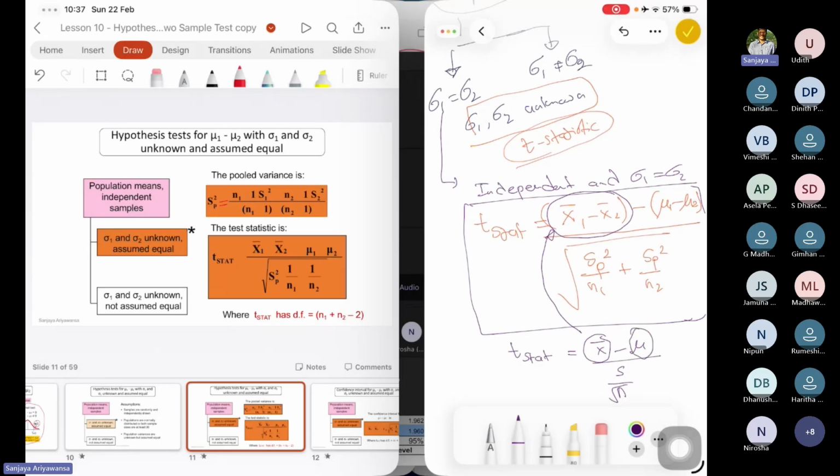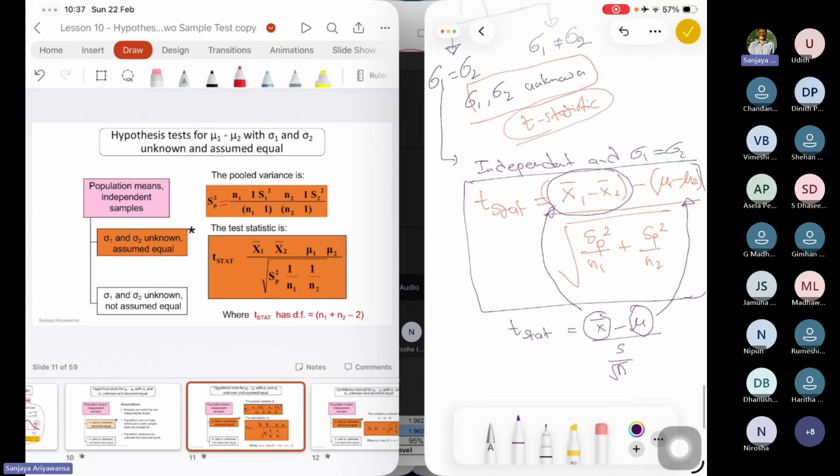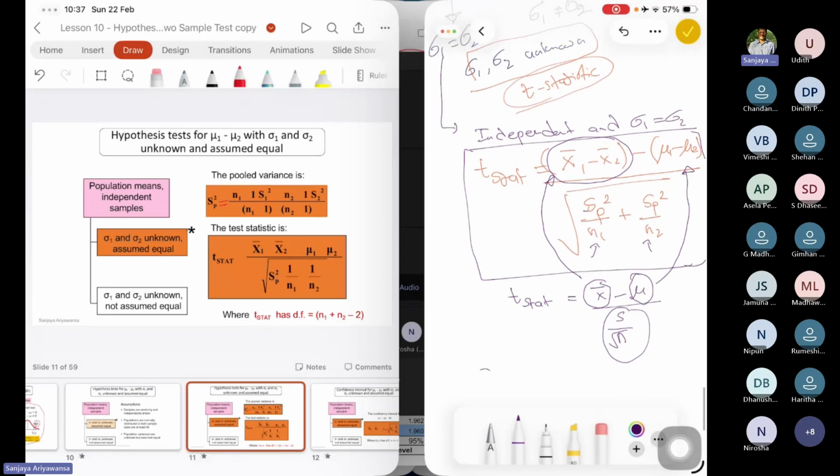Similarly, you have mu1 minus mu2. This part is a little different. Here we have sp squared divided by n1, because you have two samples, one with sample size n1 and the second with sample size n2. The only difference now is what is called the pooled variance, and you need to calculate that separately.